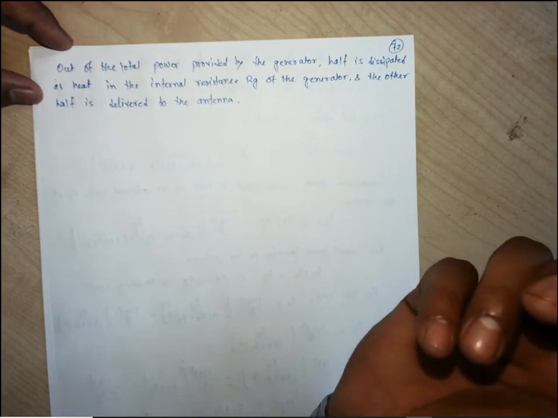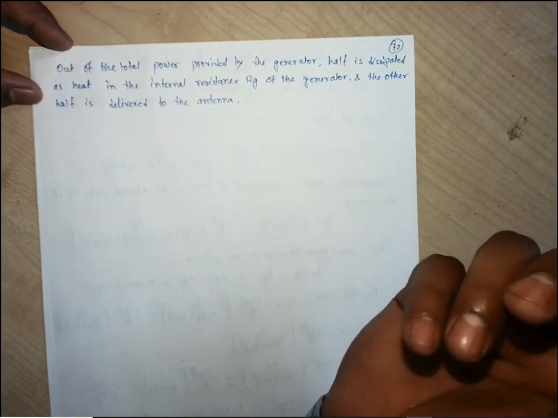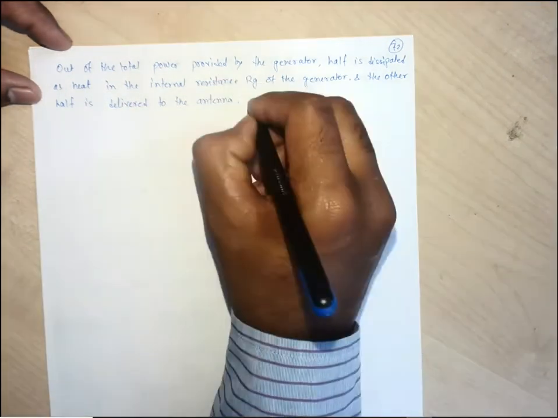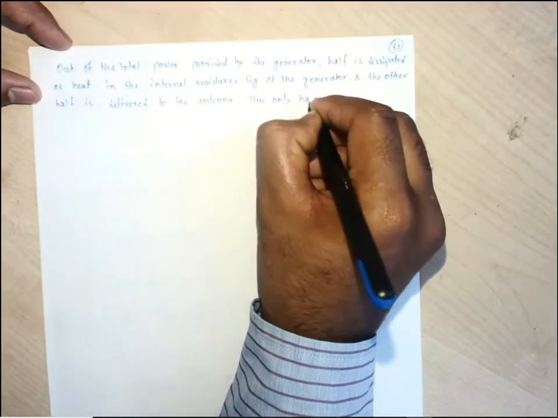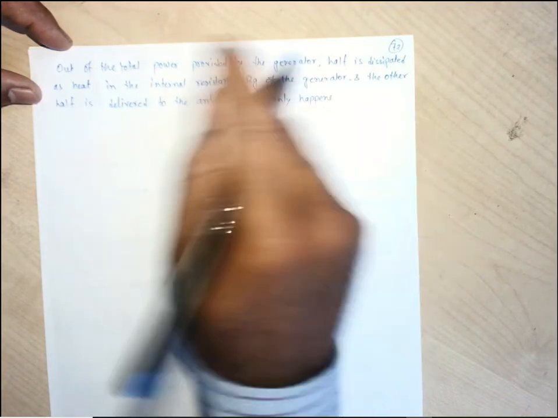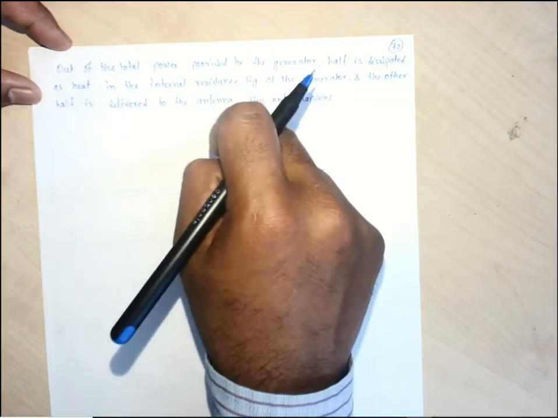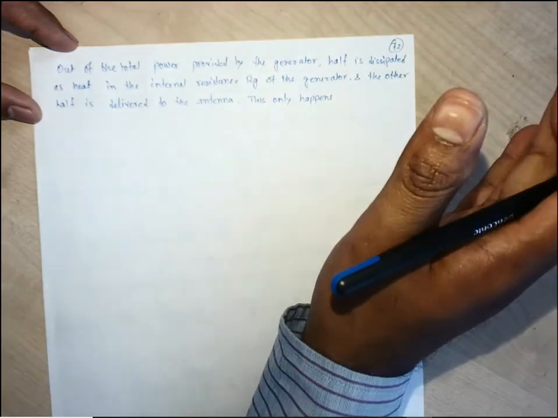Now this only happens when conjugate matching exists. Under the matching condition only, this half of the total power from the source is delivered to the antenna.